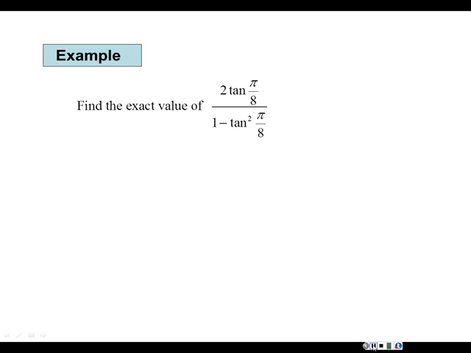If we assume theta is pi by 8, it's going to be tan 2 theta, which is tan 2 times pi by 8, which is tan pi by 4, which is 1, because tan 45 is 1. This is just the formula directly given to you.